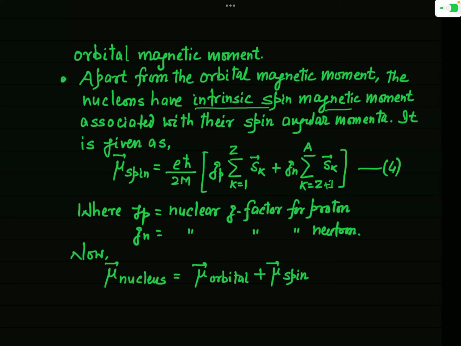And this spin is associated not only with the proton, but both protons and neutrons are spin half particles.